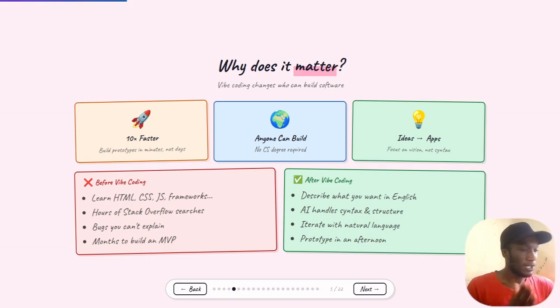Then bugs you can't explain. Before vibe coding, people used to fix bugs which they couldn't explain, like lint errors when you build apps on frameworks.